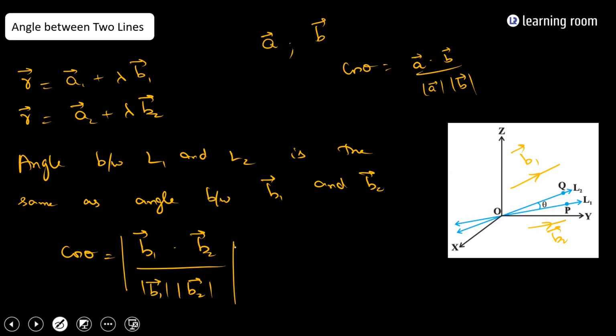Okay, now listen to this. If they're given in the vector form, we'll find it like this. What if they have given you the Cartesian form? That is the first line.